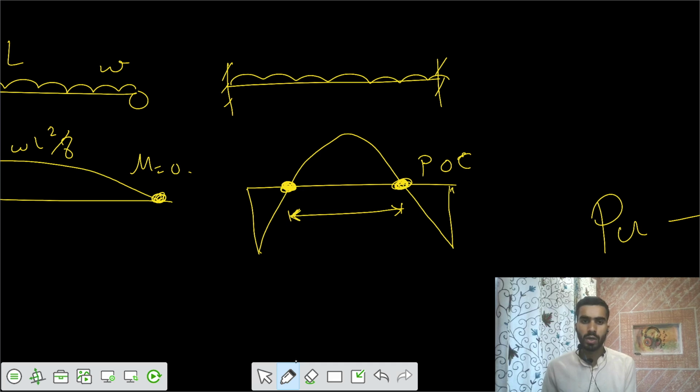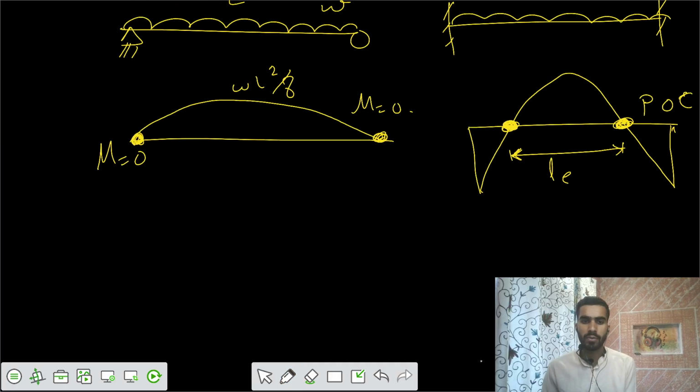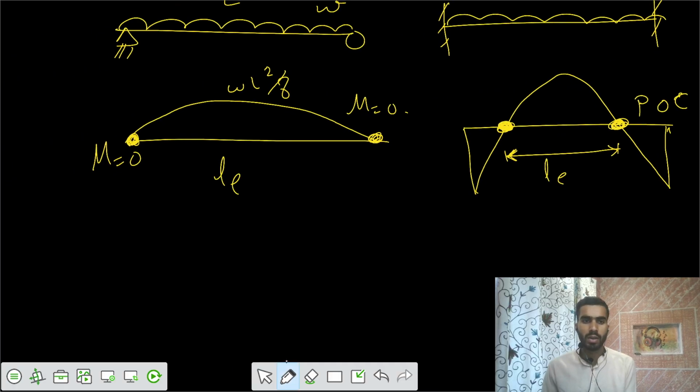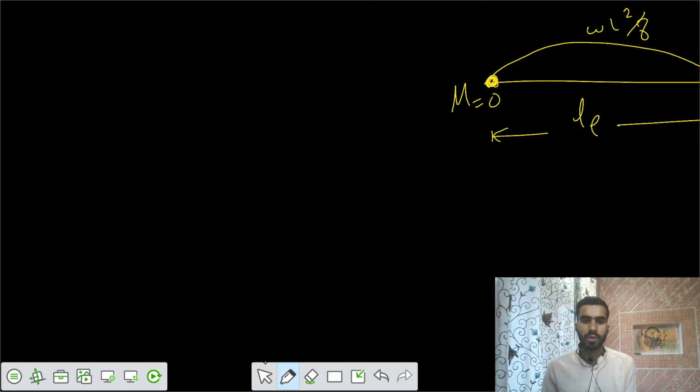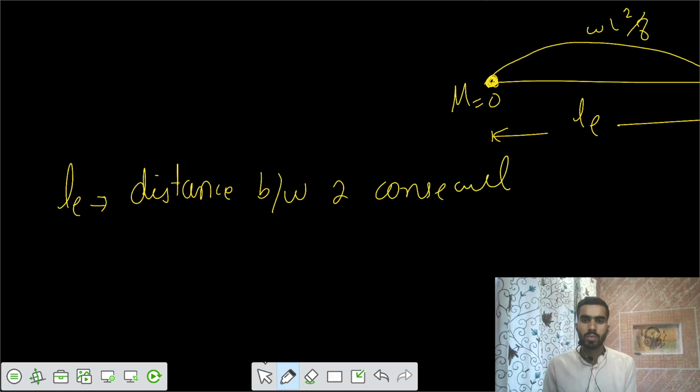There are two adjacent points where the bending moment is 0, and we call this the effective length. So effective length means the distance between two consecutive points of zero moment.